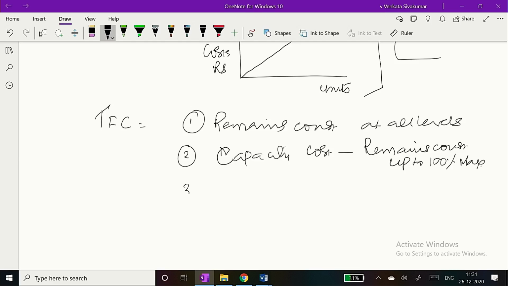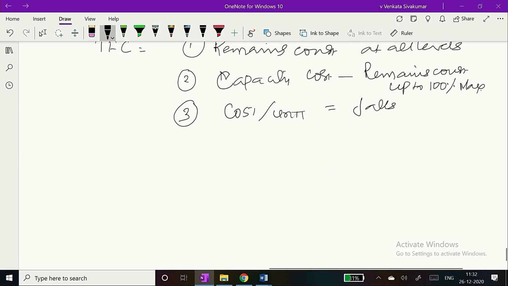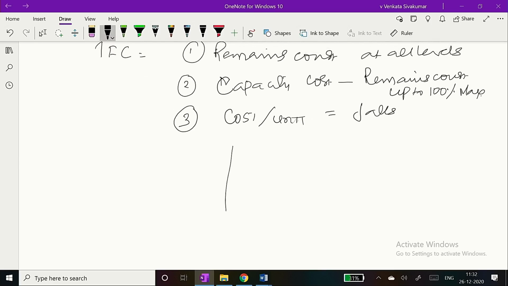Then you will also observe the cost per unit falls. As the production is increasing, the cost per unit is decreasing. The behavior is like this. What is the behavior? This is the total fixed cost.